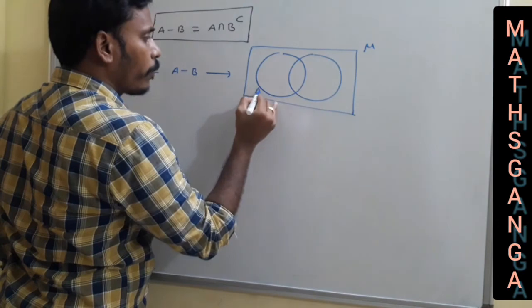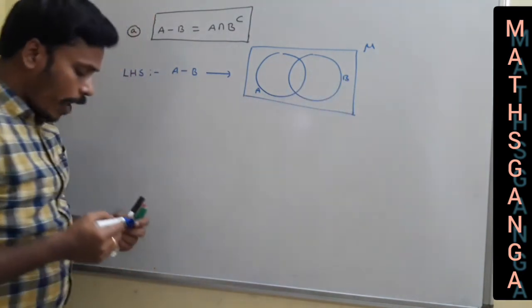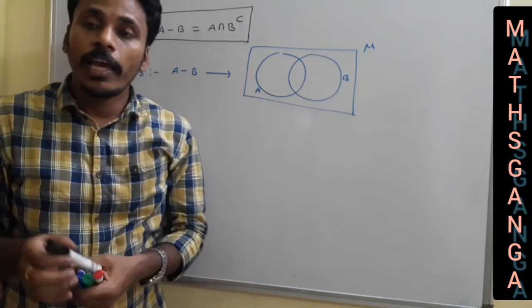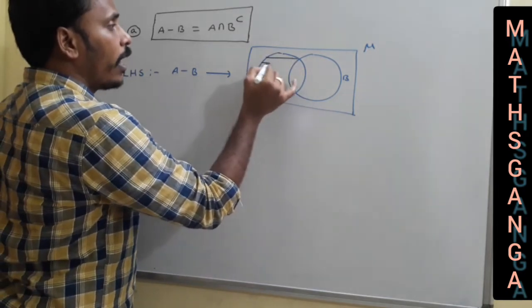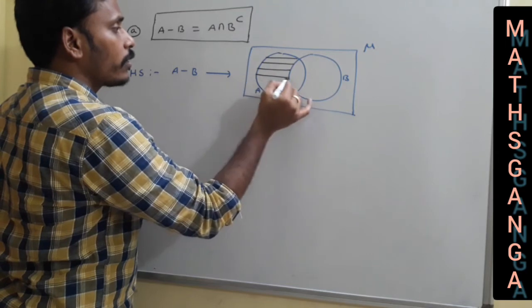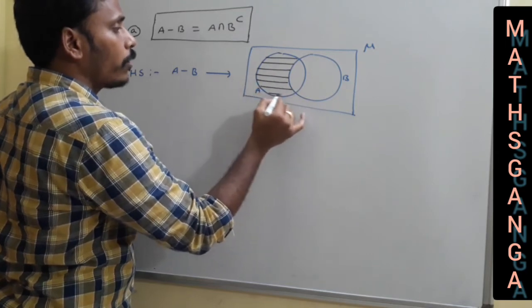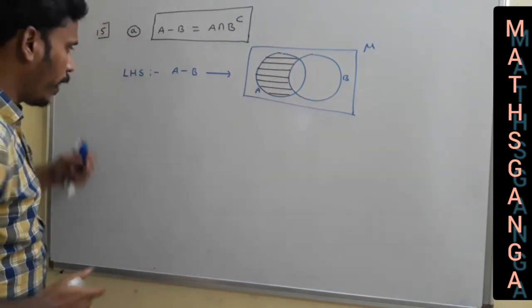A minus B is the region which is in A, not in B. There ends the task for A minus B.